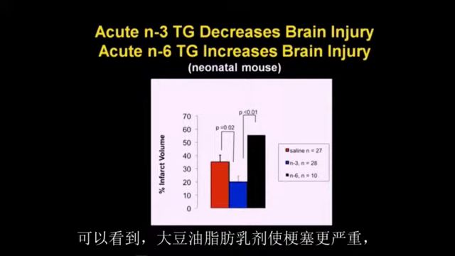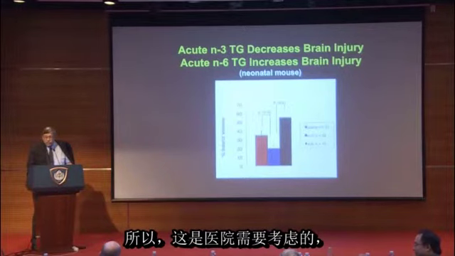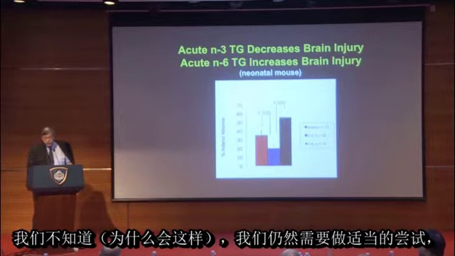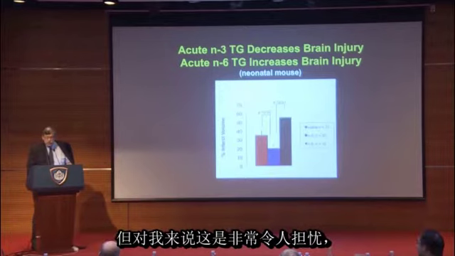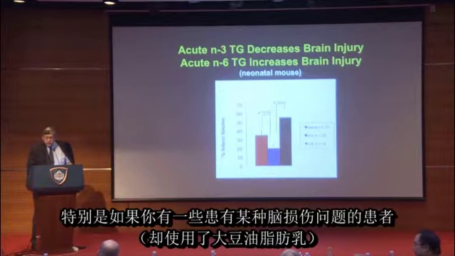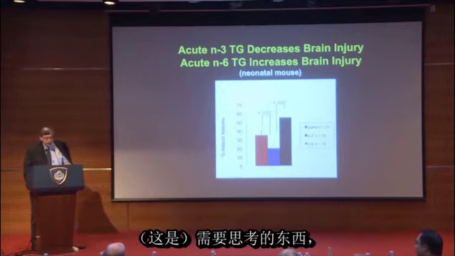Intralipid makes the infarct worse. So it's something to consider in hospitals. We would still have to do the proper trials, but to me this is very worrisome, especially if you have patients with some kind of brain injury problem. Something to think about.